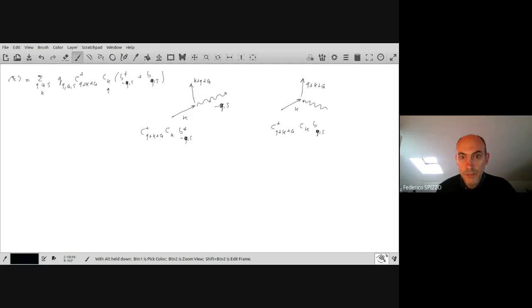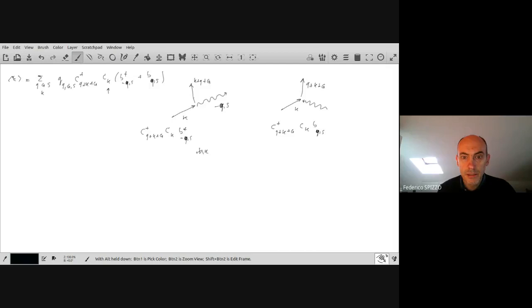So the idea is that during this process, we have crystal momentum conservation, since the initial value of the crystal momentum is h bar k for the initial electron.